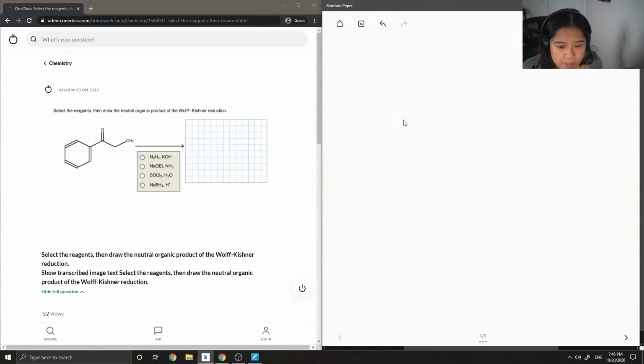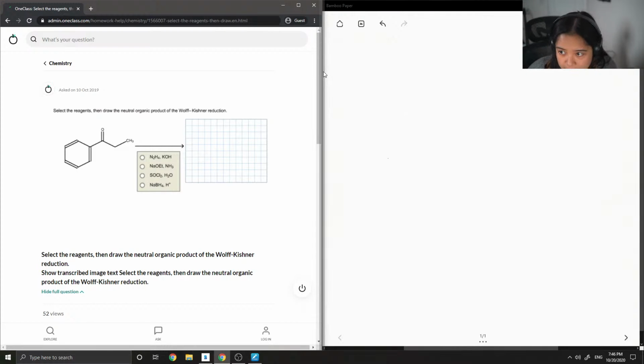Okay, so the first question asks to select the reagents, then draw the neutral organic product of the Wolff-Kishner reduction. Okay, so question number 1. And they want us to draw the neutral organic product of the Wolff-Kishner reaction.